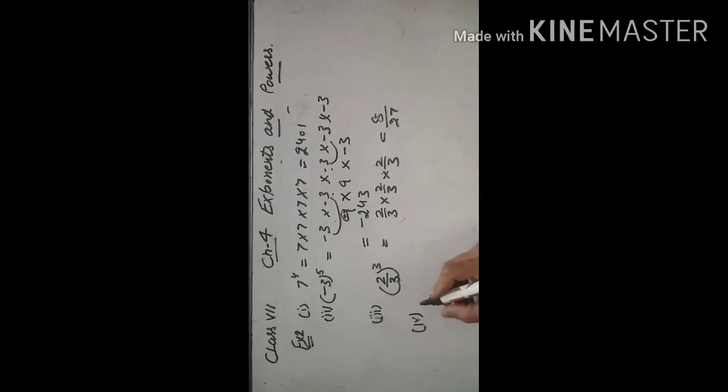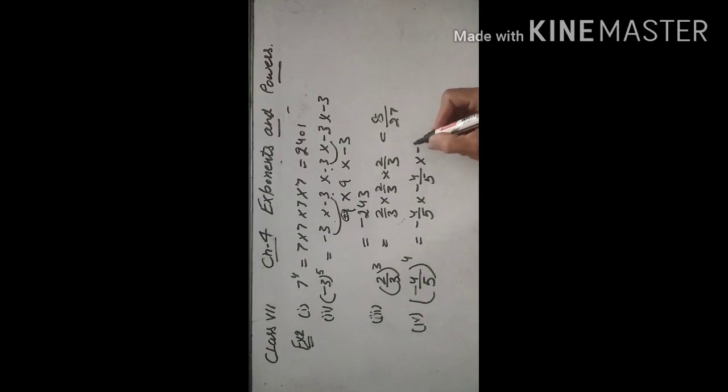Fourth part is (minus 4/5) to the power 4, that is minus 4/5 × minus 4/5 × minus 4/5 × minus 4/5. Minus 4 × minus 4 is 16/25 × 16/25, again positive. Now 16 × 16 is 256 upon 625.